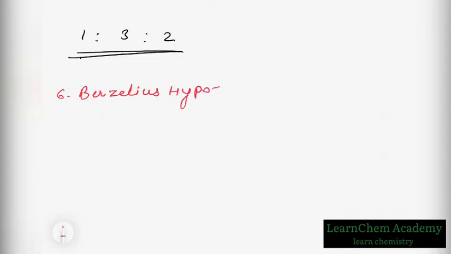If we talk about Berzelius, he is a Swedish chemist and he also gave the modern symbols of our elements which we use in chemistry nowadays. All those symbols were given by Berzelius based on the initials of their English or Latin names. Okay, so here we are going to discuss the Berzelius hypothesis.